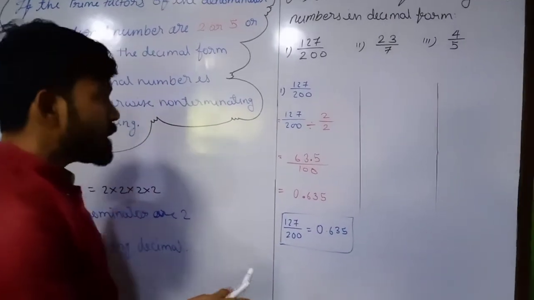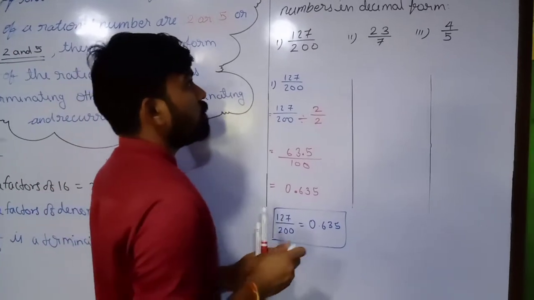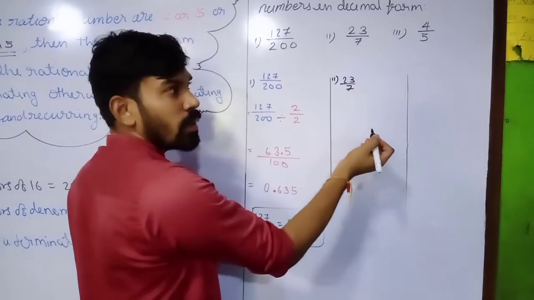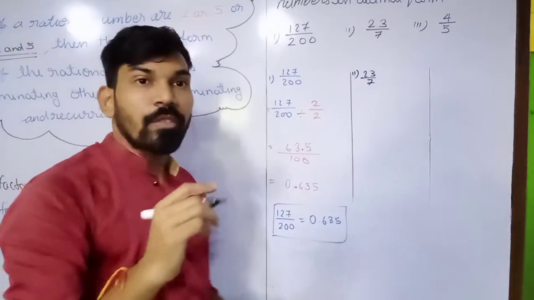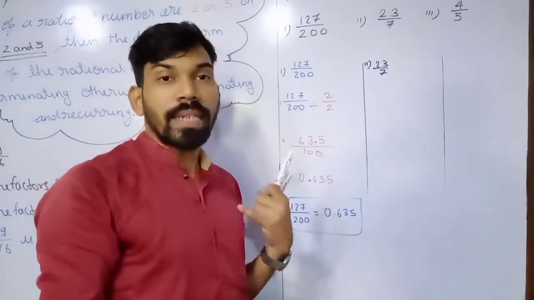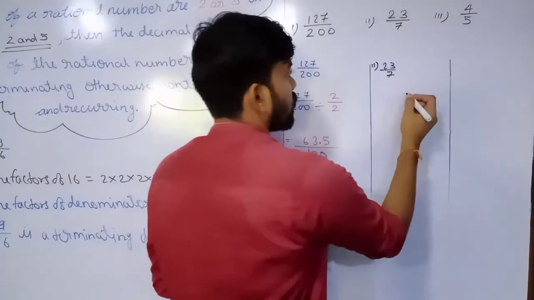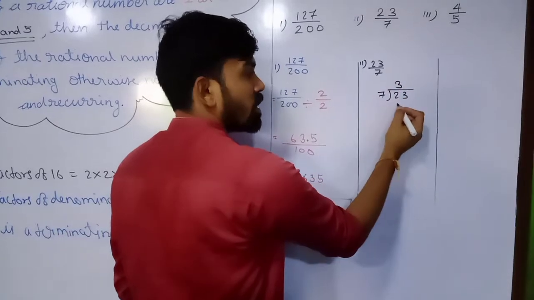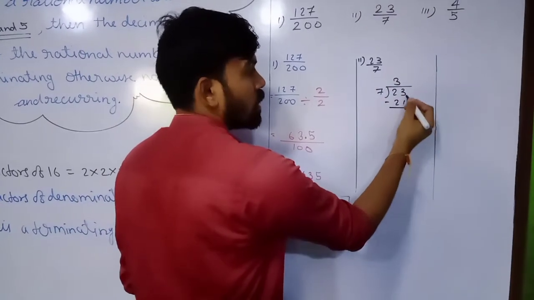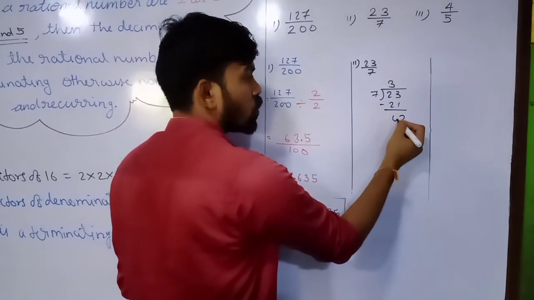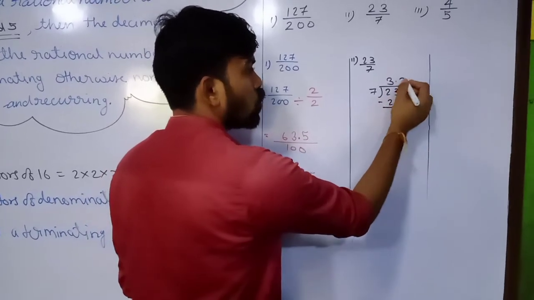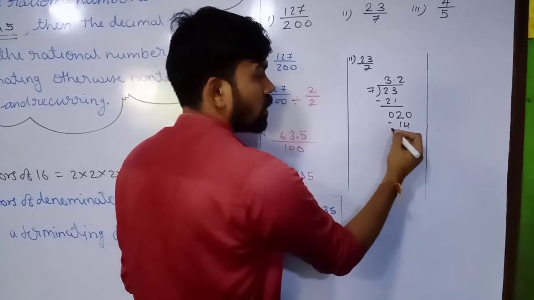Now see the second one. Here we have 23 upon 7. The second method, as I said, we are going to divide the numerator by the denominator. Let's divide it. 23 divided by 7. 7 3s are 21, 23 minus 21 is 2, 2 minus 2 is 0. Put decimal. A 0 comes over here. 7 2s are 14, remainder 6.